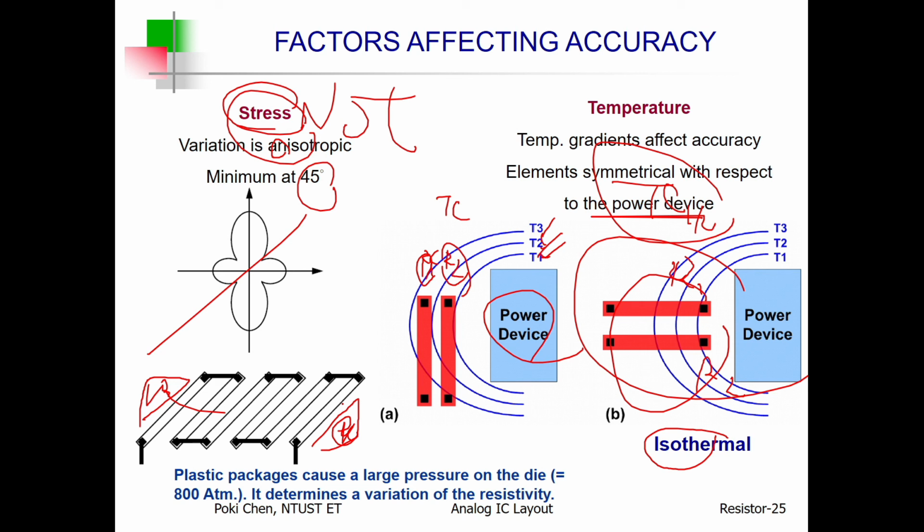So that's it. According to stress, my only recommendation is, for example, R1 and R2, they all laid out in the same direction. For this or for that, then they will get the same impact from stress, good enough for relative accuracy.